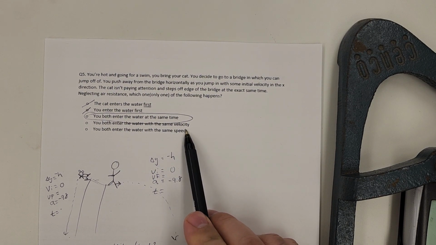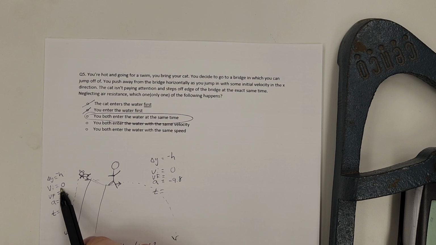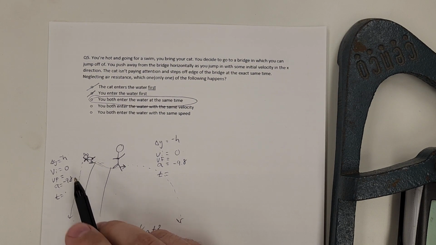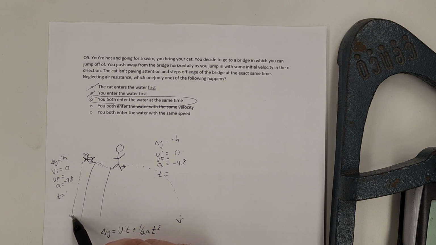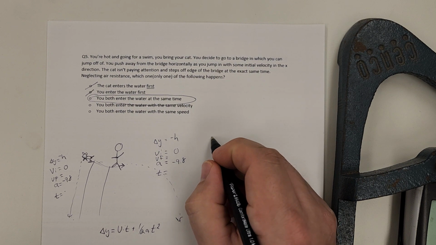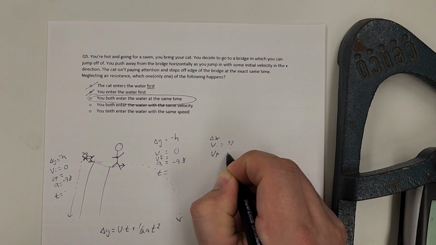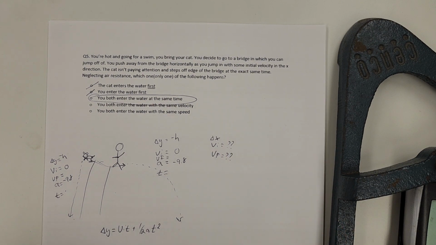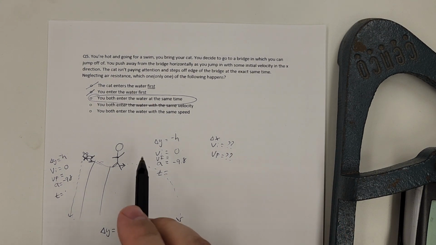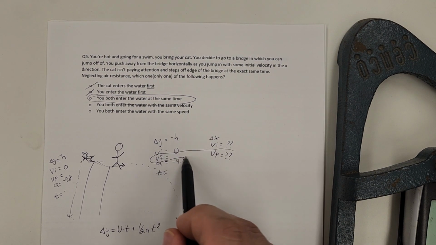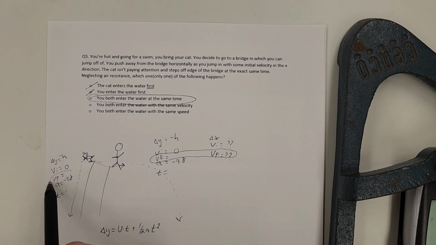Incorrect. When it enters the water, your cat will only have a velocity in the y direction, whatever that is. You, on the other hand, will also have whatever this was. You will also have an x component of velocity. So you will not enter with the same velocity because yours will have 2 components, whereas your cat only has the 1 component.